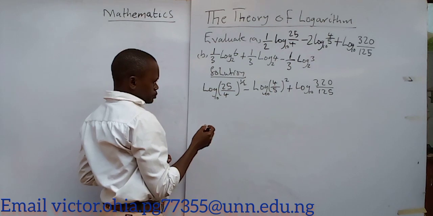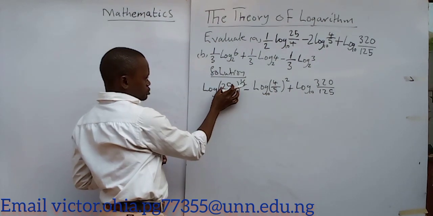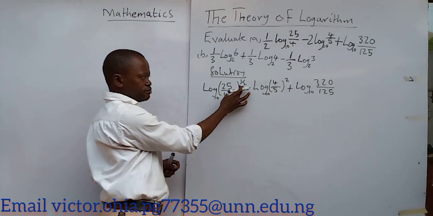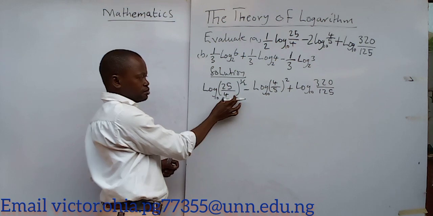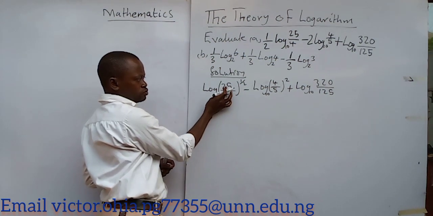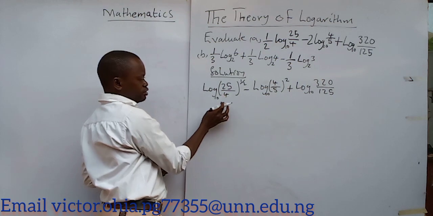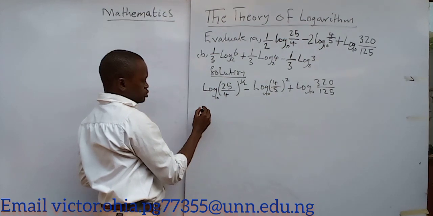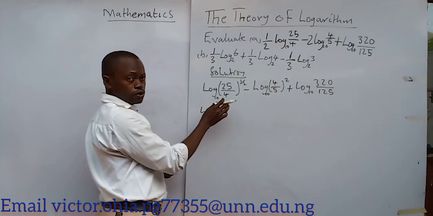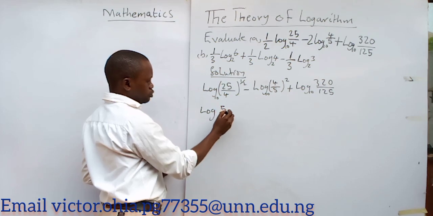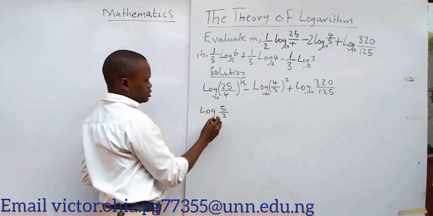If you watch here, you remember the law of indices that says any term raised to power half is equal to the square root of that term. So this shows that we are taking the square root of 25 and 4. The square root of 25 over 4 gives us log 5 over 2 in base 10.